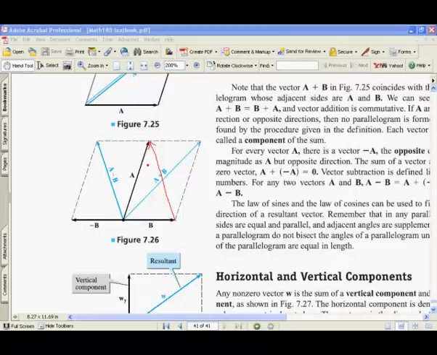So this just tells us another way to get the difference of two vectors. You want to get A minus B, then you use the terminal point of the vector B as the initial point of the difference, and the terminal point of the vector A as the terminal point of this difference, and then you get this A minus B. Okay, this is the subtraction of two vectors.